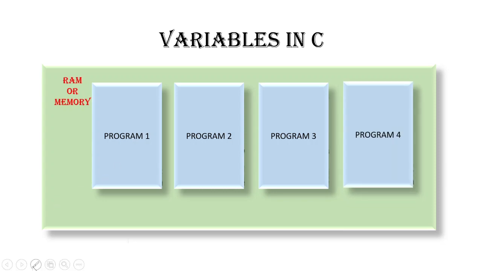Suppose this program one is our C program that has been executed; we have created the executable file and run it. When the program runs, it will be allocated some space in the RAM, and the program is allowed to run within this space only.